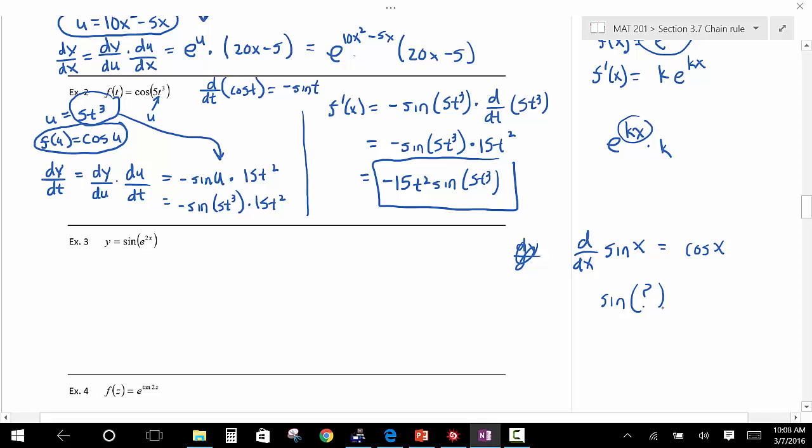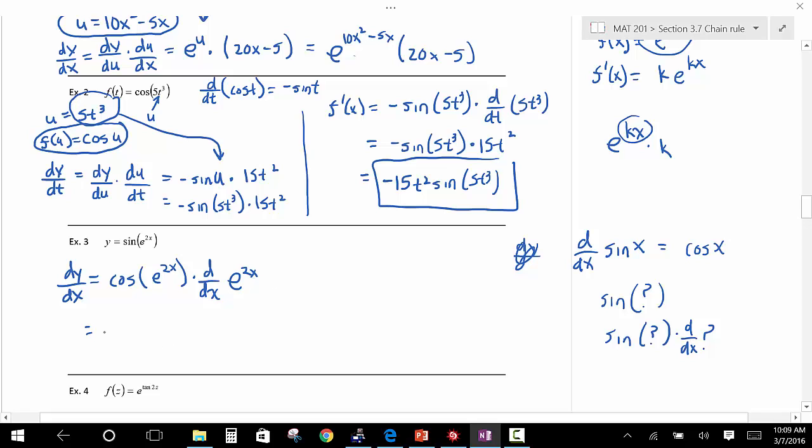So when you do the chain rule on this, you're going to do the derivative of that something else times the derivative of that inside part. That's what the chain rule tells you to do. So when we do this derivative, step one is the derivative of a sine is a cosine of whatever that function is. Then what are you going to do? You're going to multiply by the derivative of that inside part.